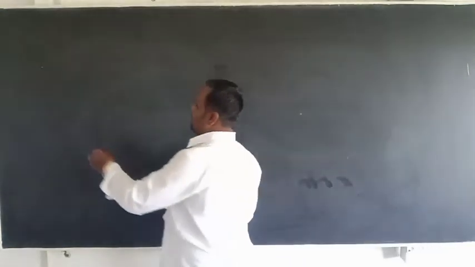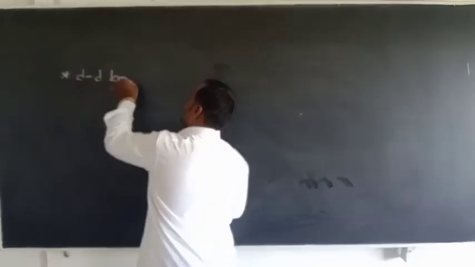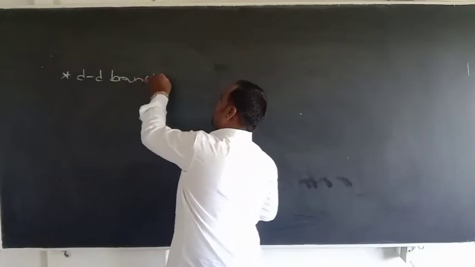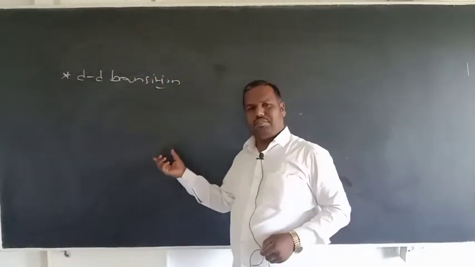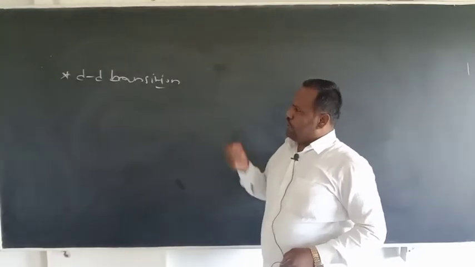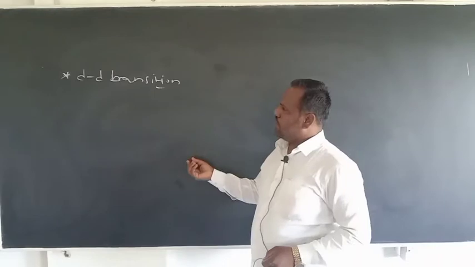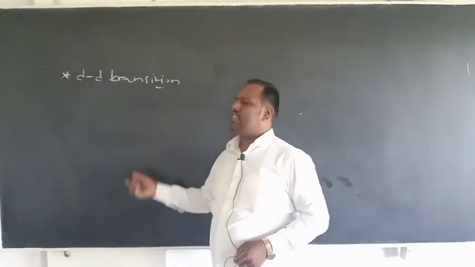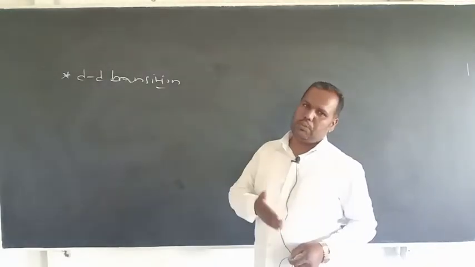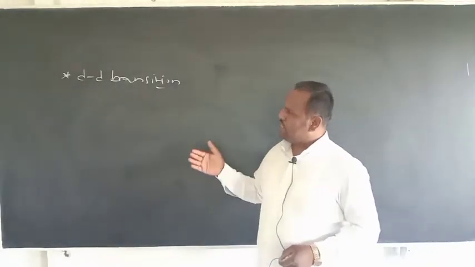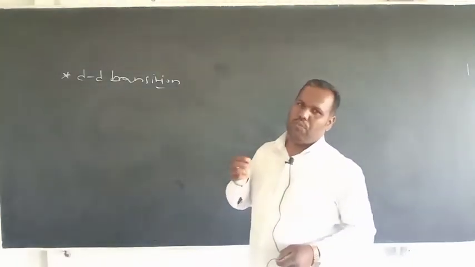So let us see the first one, that is DD transition. Students, you are very much familiar with this. In a DD transition, an electron transfers from a d orbital to a d orbital. The d orbitals split into T2g and Eg, a lower energy T2g orbital and a higher energy Eg orbital, in the presence of ligand.